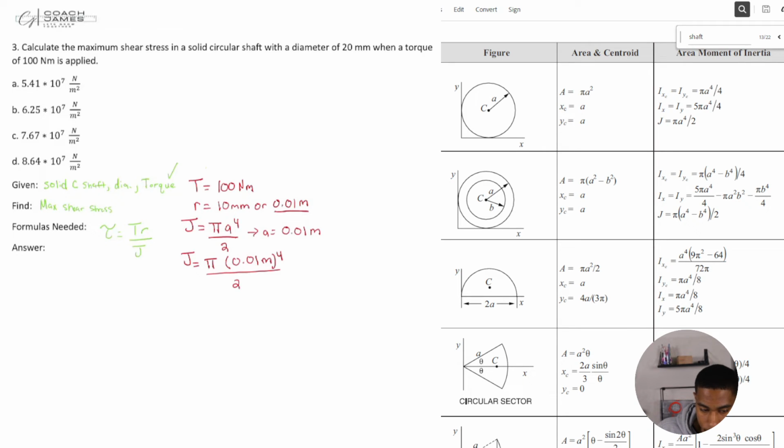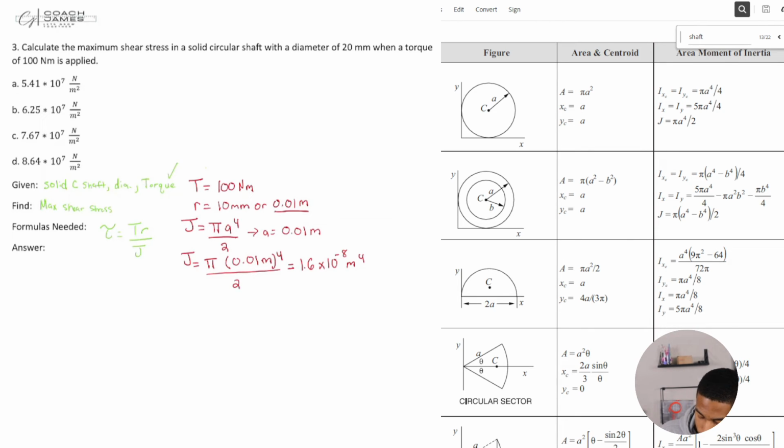What do I get for J? J is equal to 1.6 times 10 to the negative 8. I get a really small number, in meters to the fourth. Remember, your units stay where they are: if I put 0.01 meters to the fourth power, those units go with it. So J is 1.6 times 10 to the negative 8 meters to the fourth.